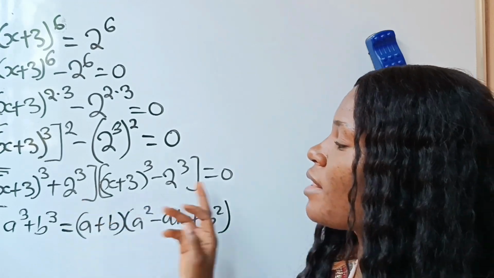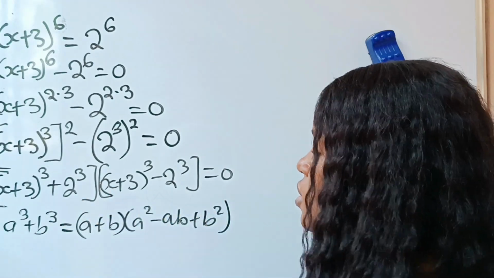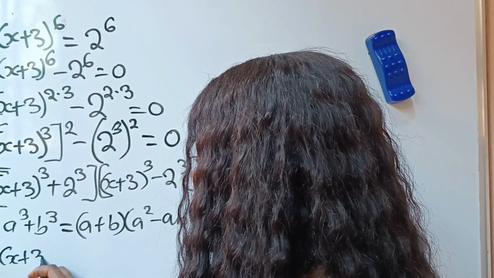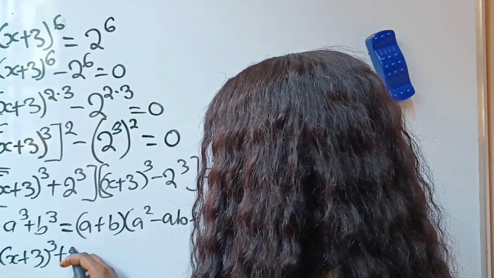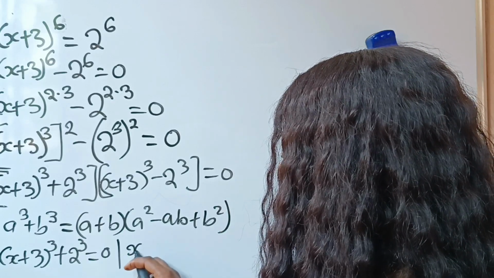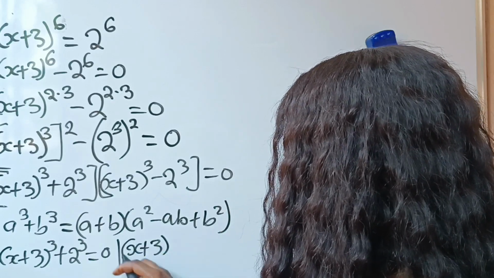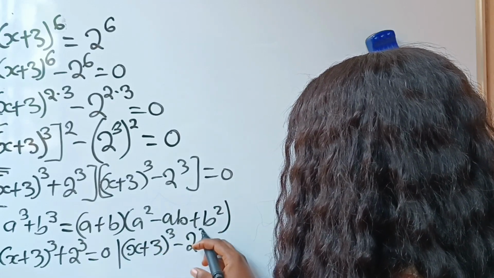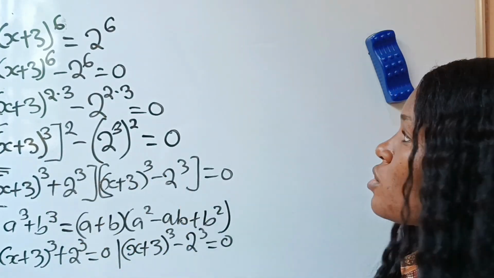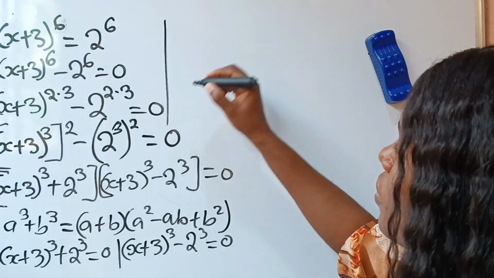That simply means that either of them is equal to 0. So either (x+3)^3 + 2^3 = 0, or (x+3)^3 − 2^3 = 0. So either of them is equal to 0.